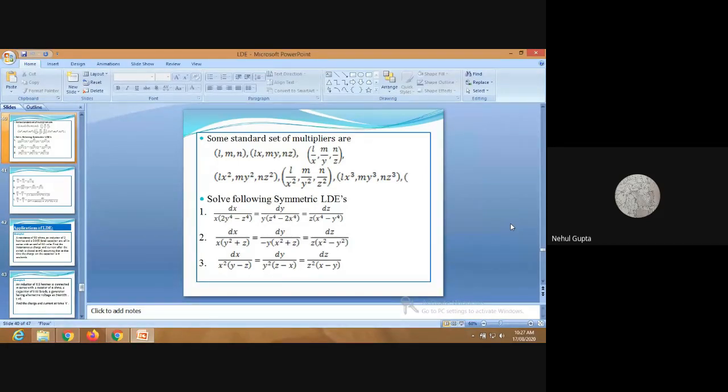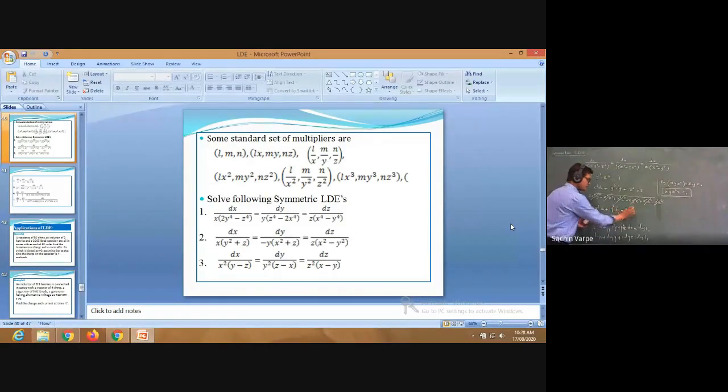Okay, fine. So here we are getting denominator 0. So for x cube dx, y cube dy and z cube dz, therefore the numerator must be 0, that is x cube dx plus y cube dy plus z cube dz equal to 0, and therefore by integrating we'll get x raised to 4 by 4, y raised to 4 by 4 and z raised to 4 by 4 is equal to C2.